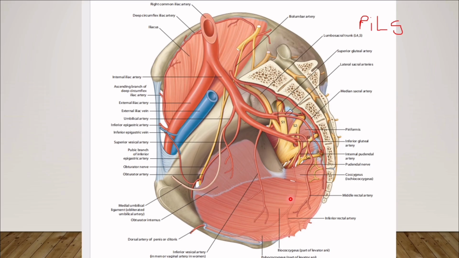It's like the major artery for the perineum, because this artery will later enter into what is called the pudendal canal and supply structures in the perineum. Okay, good.